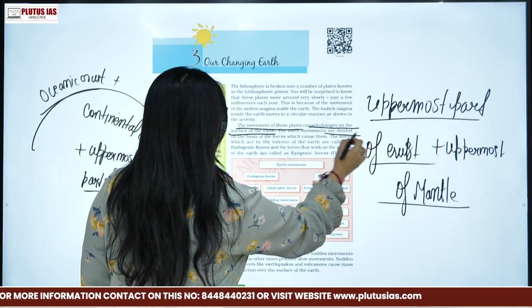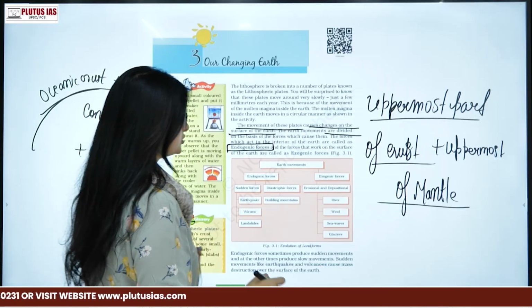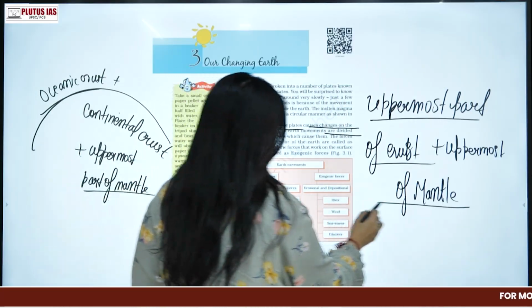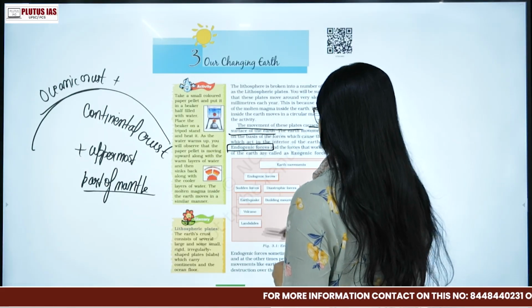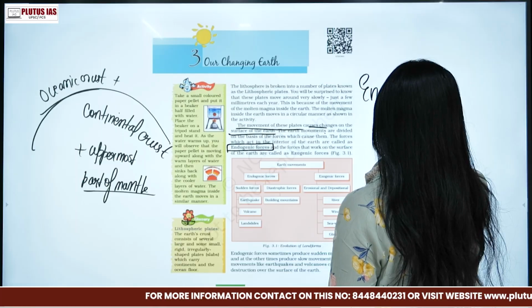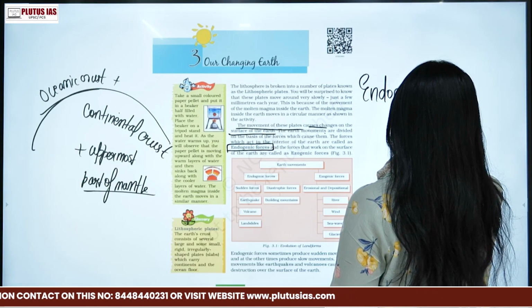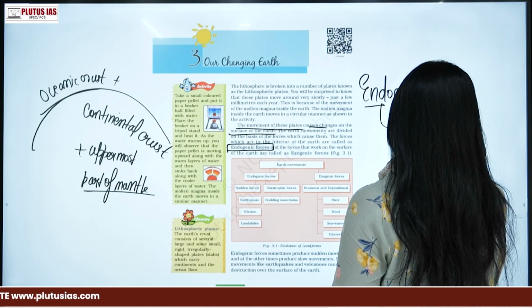The movements are divided into two parts: endogenic forces and exogenic forces. First, understand what we mean by endogenic and exogenic, then we'll discuss what is included in this. Endo means inside and exo means outside.